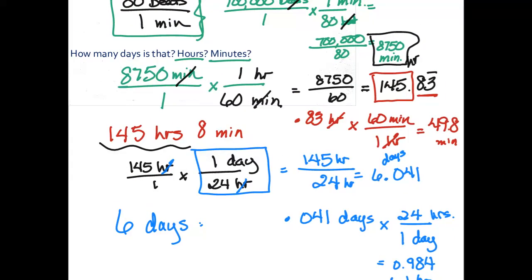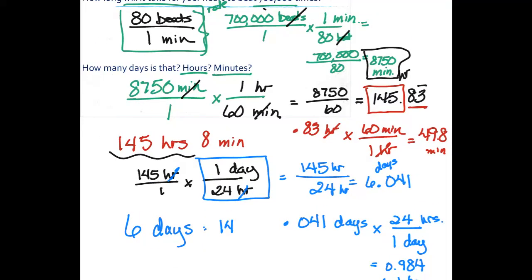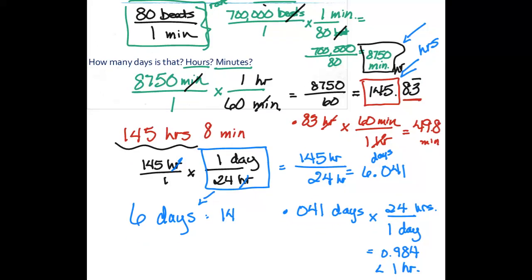We have 140. That's not right. 6 days. I was trying to figure out days, hours, and minutes. So this is just the minutes, this is just the hours, and this would be the whole number of days.